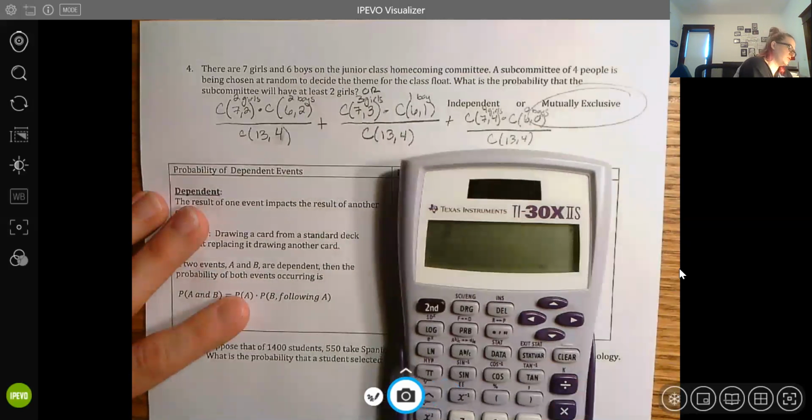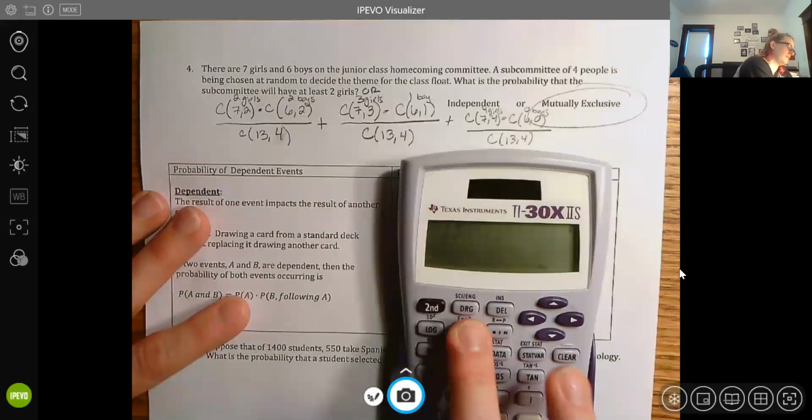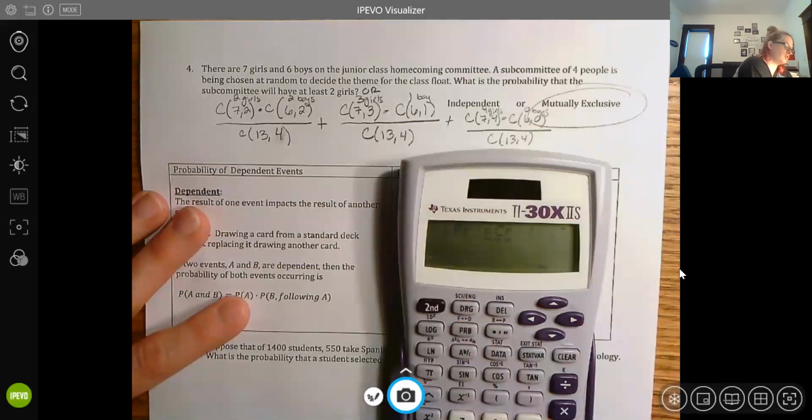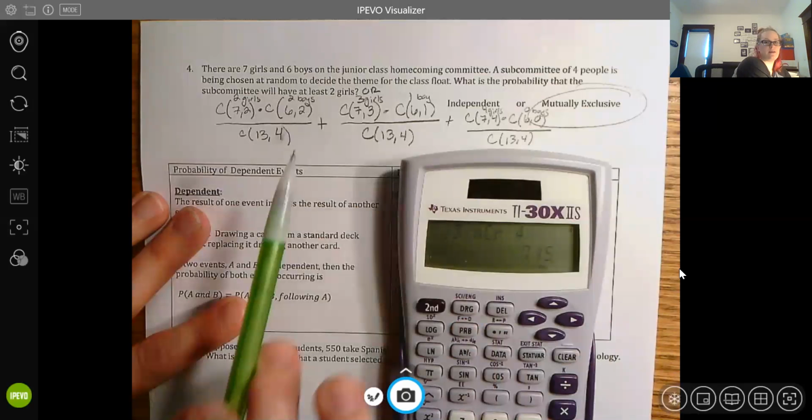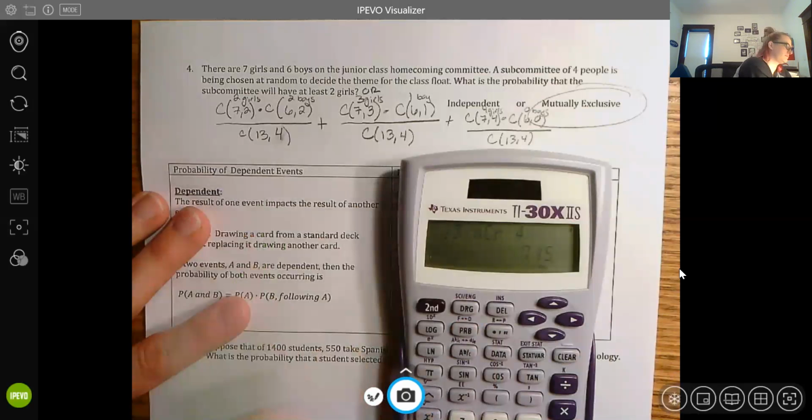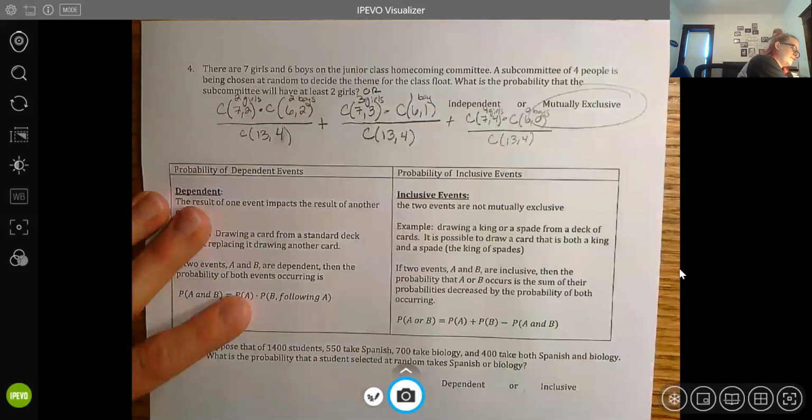All right, so I'm just going to do 13, go to my probability, combination, choose 4. So I get 715. This is my denominator for all of them.